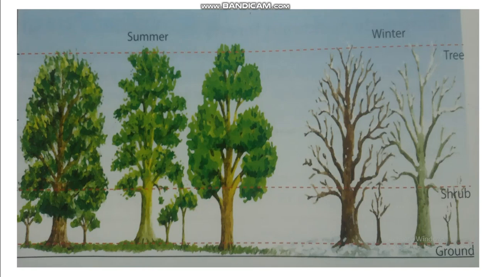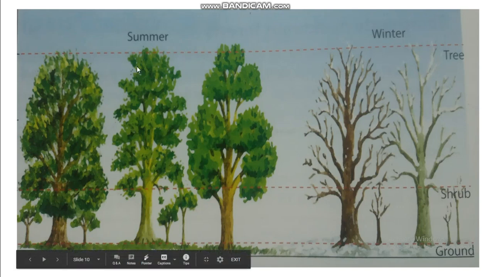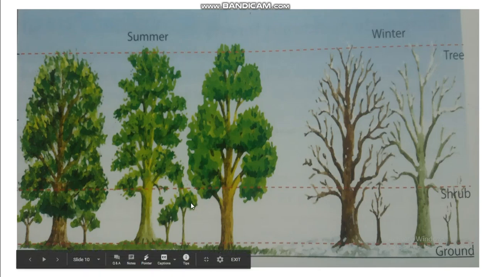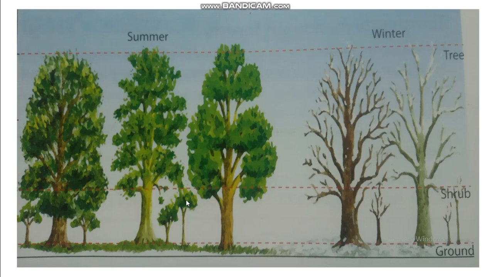The tree layer is dominated by tall trees. This layer forms a canopy in the summer when the trees are full of leaves. The shrub layer consists of shorter trees that grow up to 5 meters.